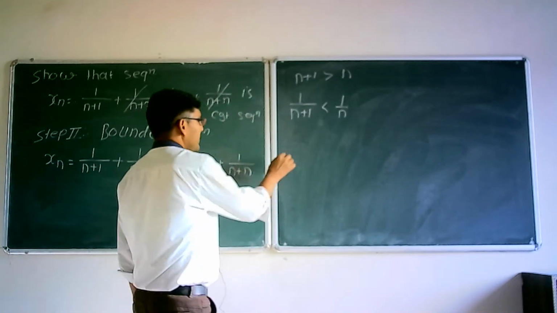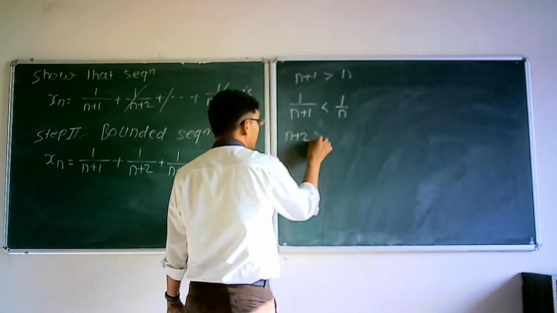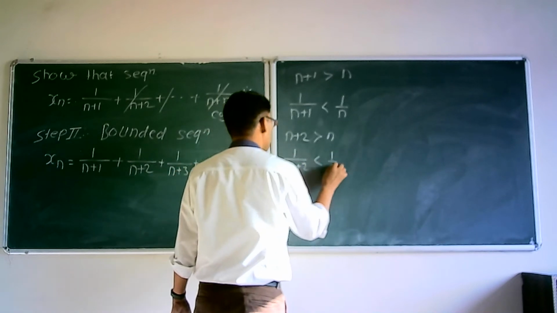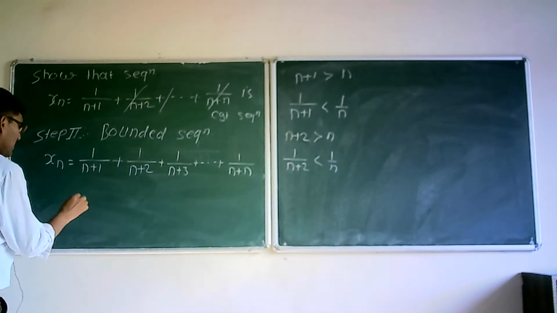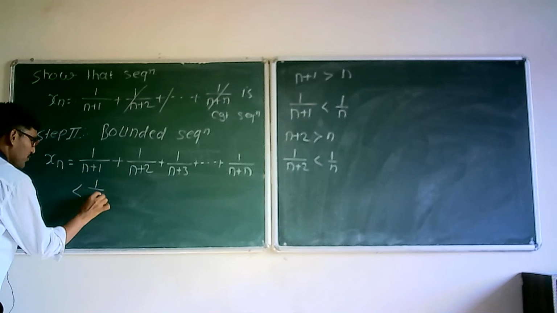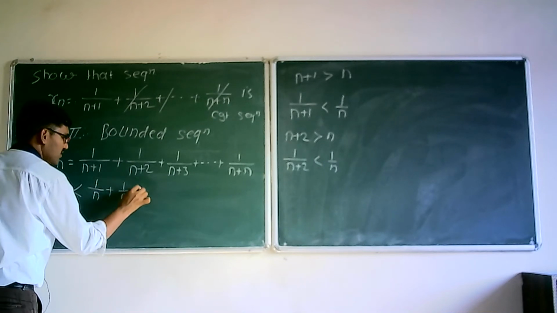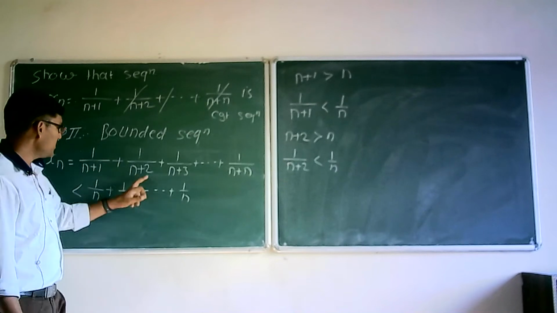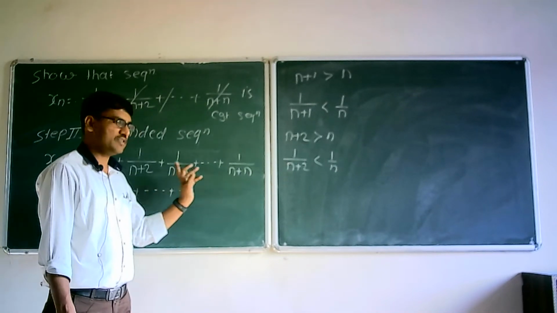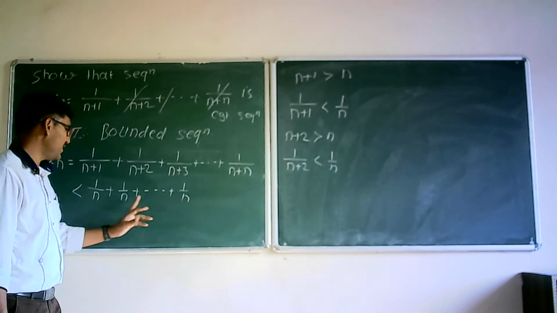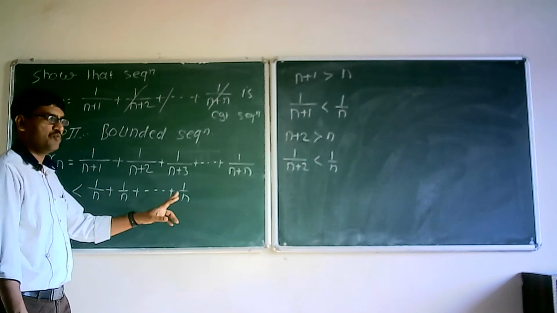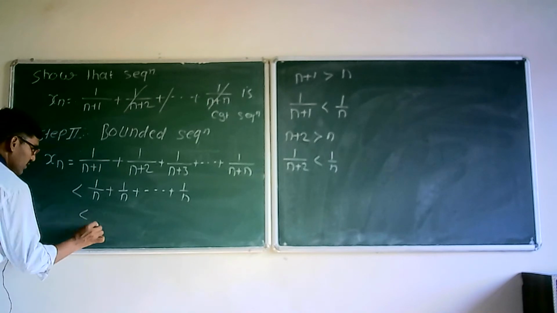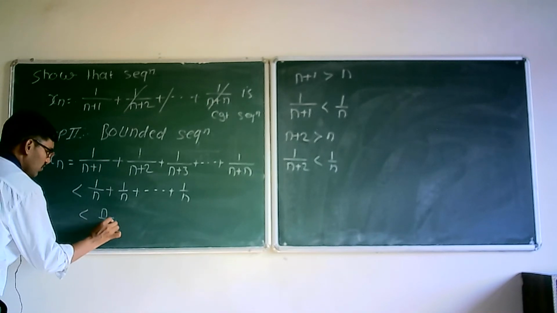Similarly, n plus 2 is greater than n, and therefore 1 upon n plus 2 is less than 1 upon n. So all these terms are less than 1 upon n plus 1 upon n plus dot dot dot 1 upon n. But how many terms are there? 1, 2, 3, up to n, so n terms, and the denominator is the same, so we can add the numerators. So n times 1 is n by n.